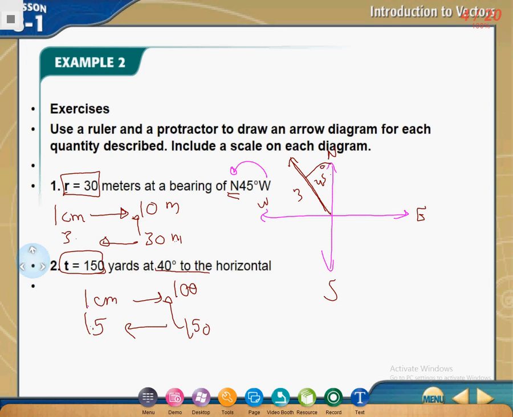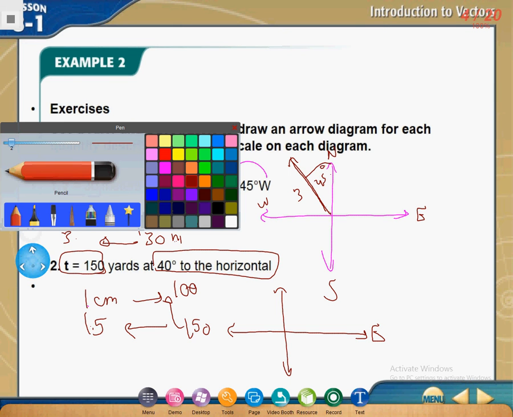Let's continue the question: 40 degrees to the horizontal. I told you last time, if you see the word horizontal, this means you have to start from the east. Let me change the color. Okay, this blue, sorry.